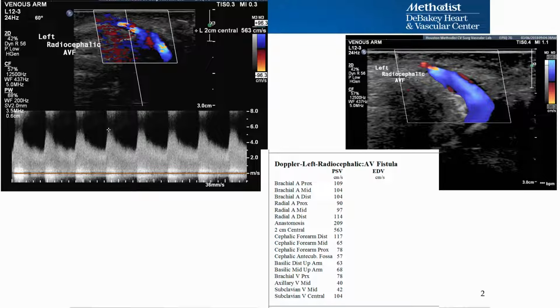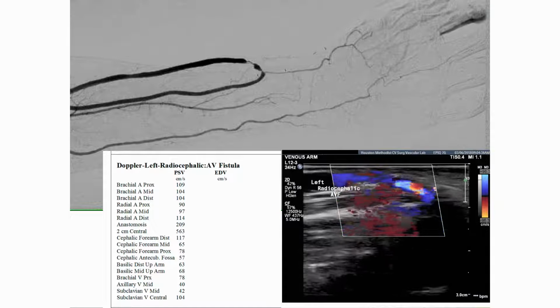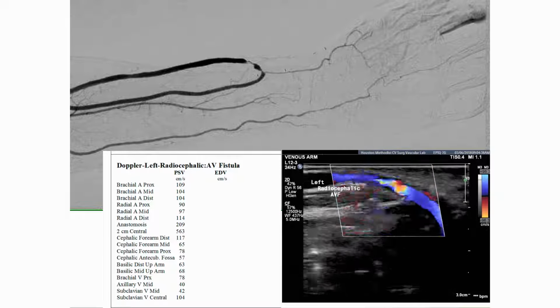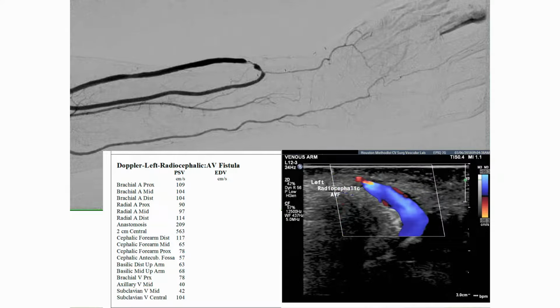Oh, I don't see my arrow on the screen, but anyway, you see the first flow disturbance and the distal flow disturbance when we have the highest velocity measured, the 563. This is how we can see, and the confirmation on his angiogram, that you see that stenosis, and you see where the flow disturbance is on my study.